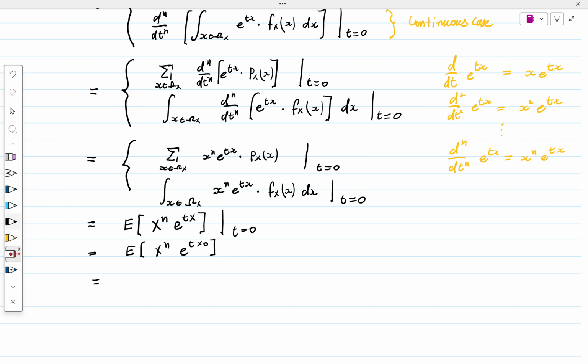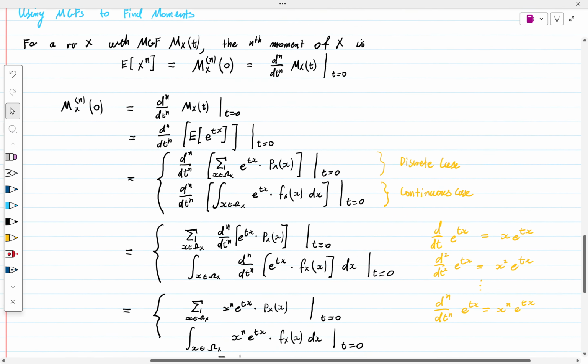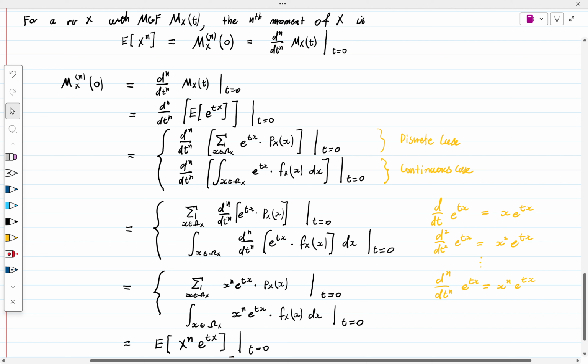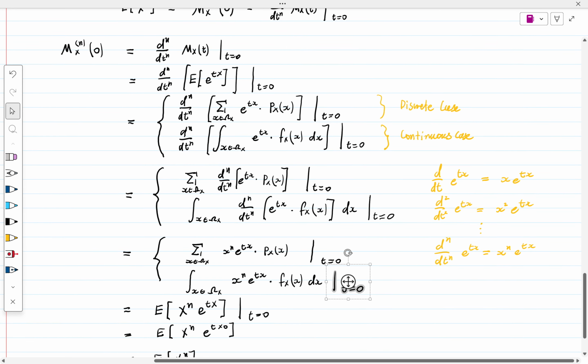So we're left with the expected value of x to the n. And there you have it. After a long discussion, here is the proof that truly the expected value of x to the n can be evaluated using the nth derivative of the moment generating function evaluated at 0.